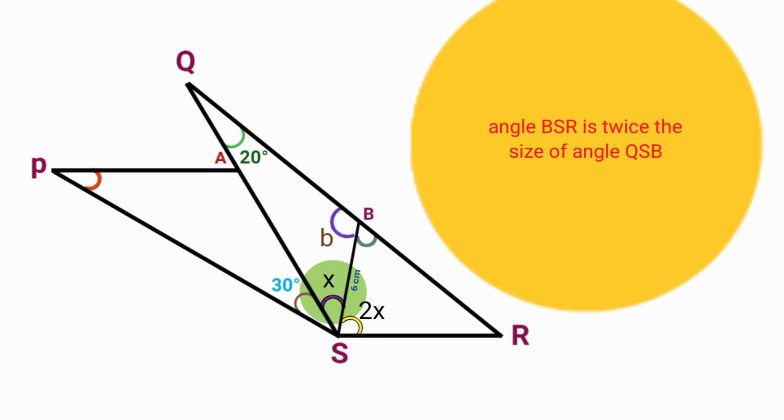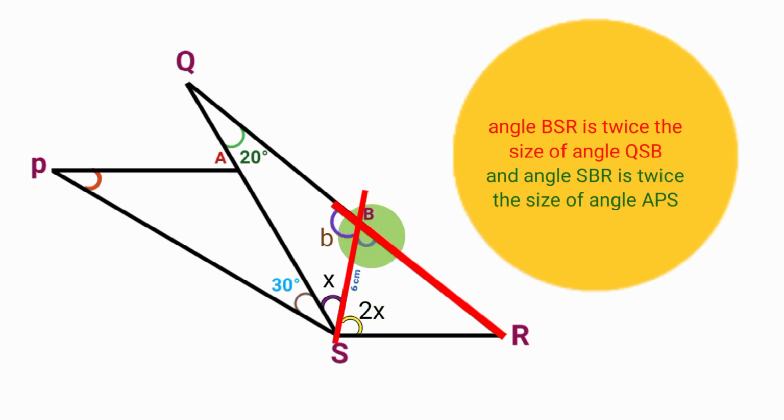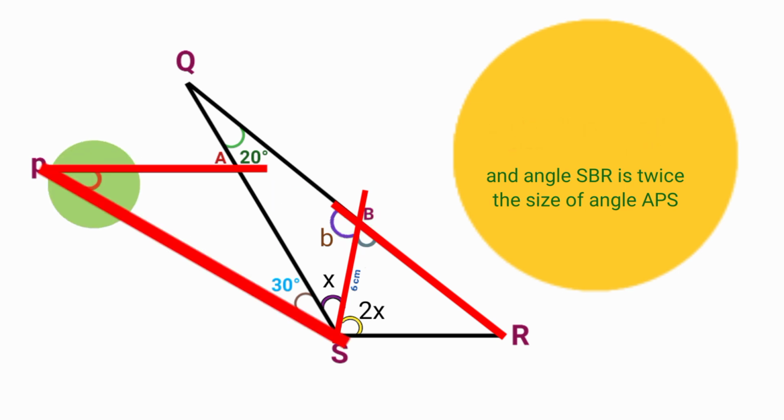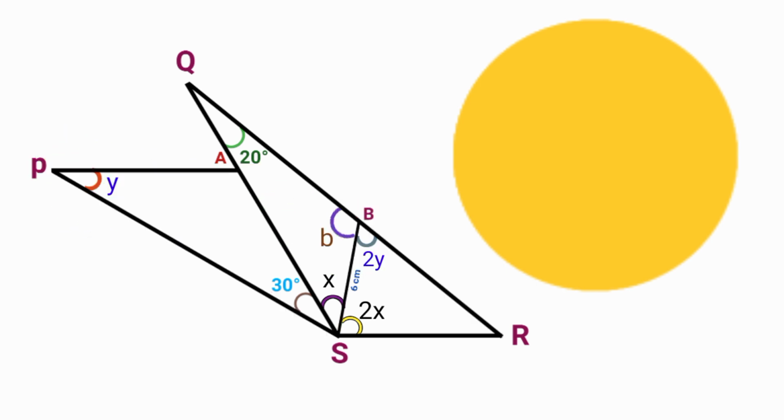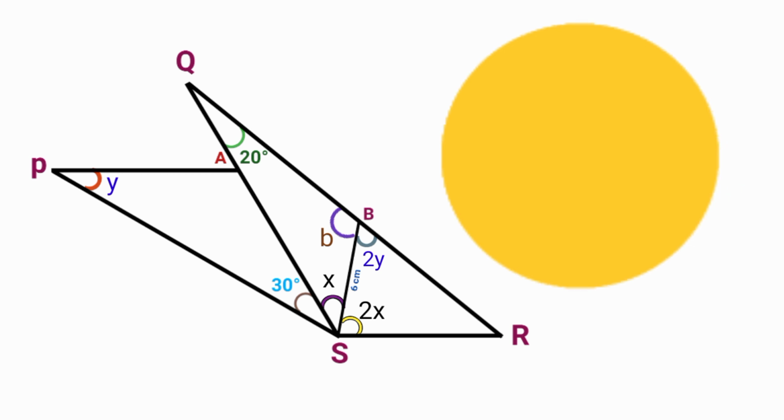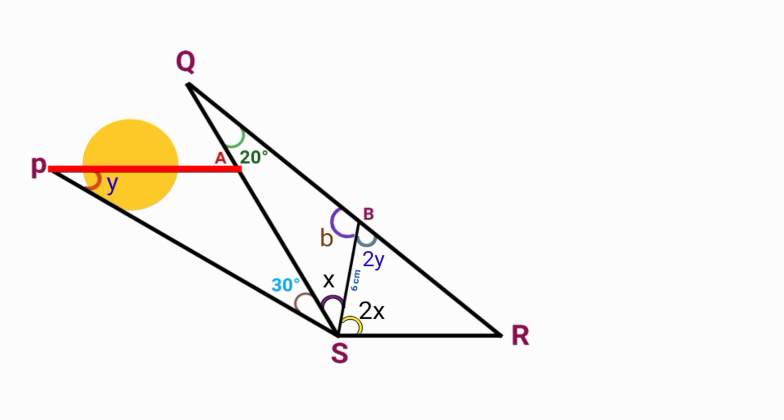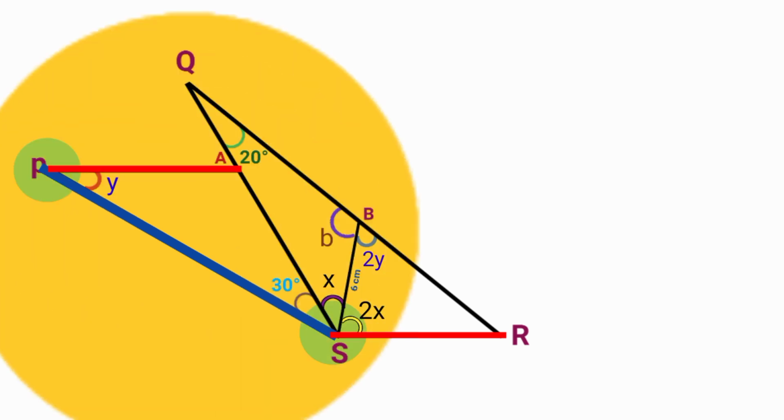The second relation said angle SPR is twice the size of angle APS. We can also label this Y. So if we label this Y, this will also have to be 2Y. Now if you look from this line here, since this line is parallel to this line, and this line is also a straight line intersecting both, we know that the sum of this angle and this angle must be equal to 180.